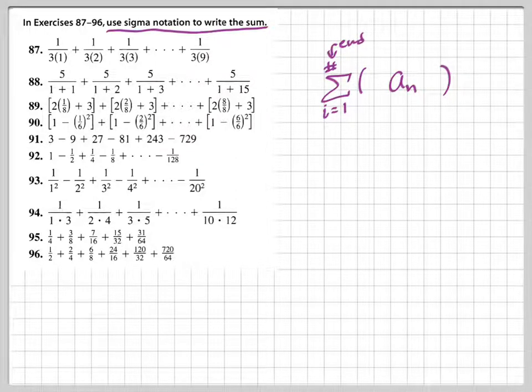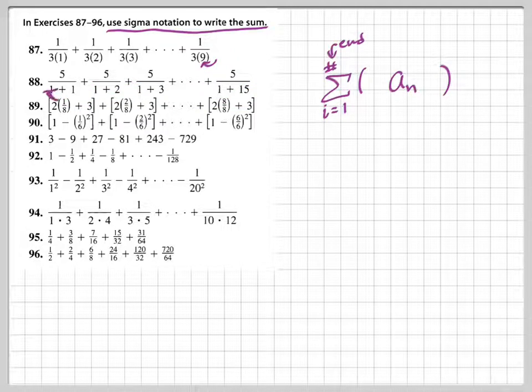It looks like for this very first series that we see, we're going to end at 9, and the first number that you plug in is 1. So we would start at 1, and then we would end at 9. All we have to do is come up with the nth term and then throw it into a sigma. This one right here is pretty obvious because they don't multiply out the denominator, so you can see what the pattern is.